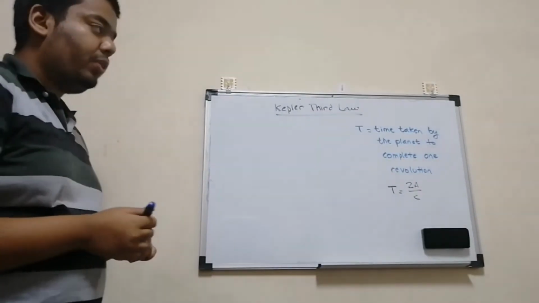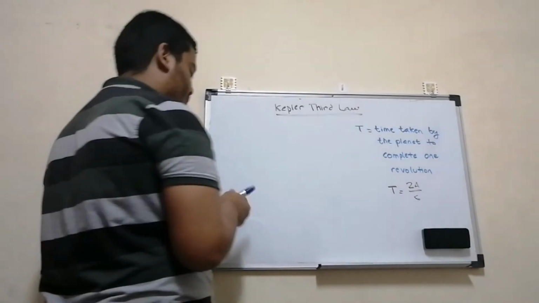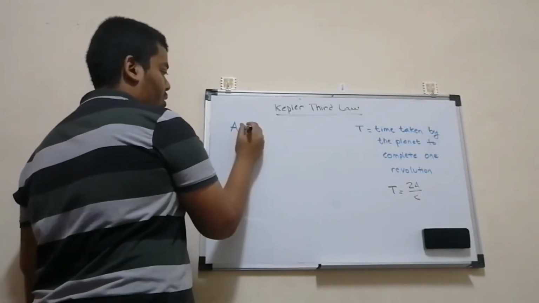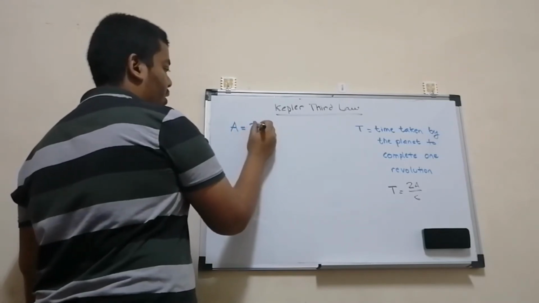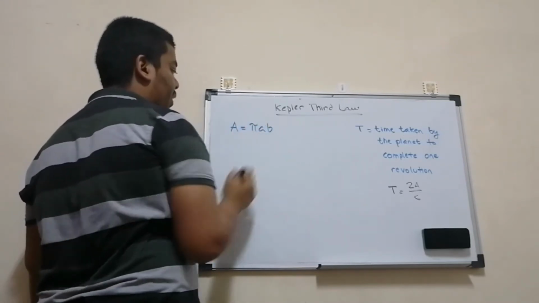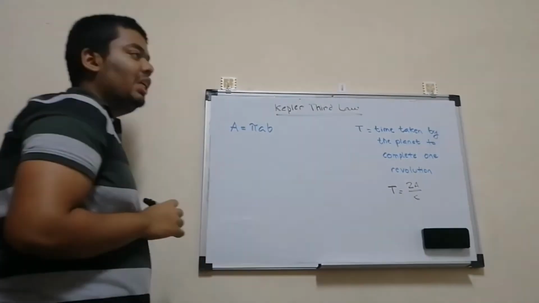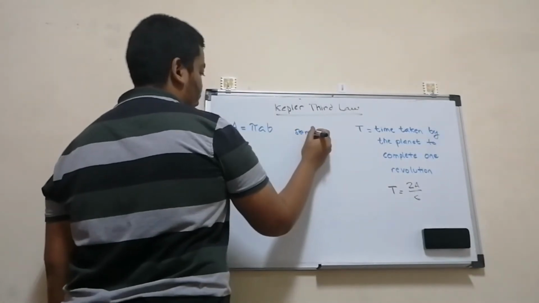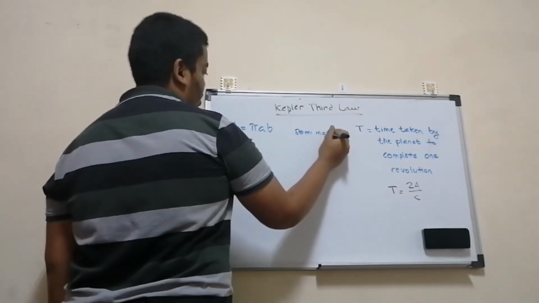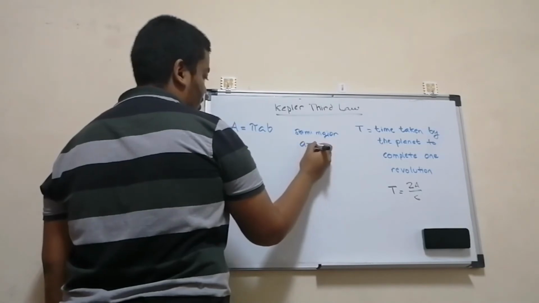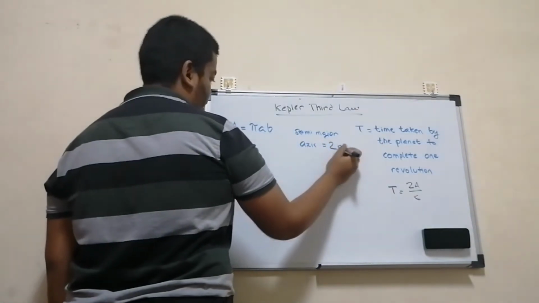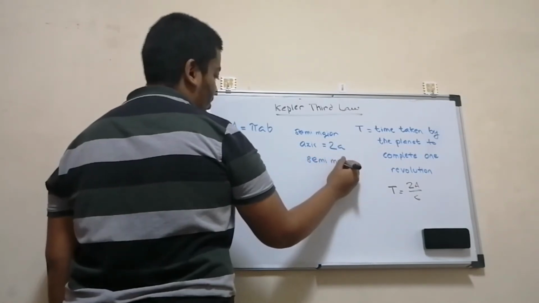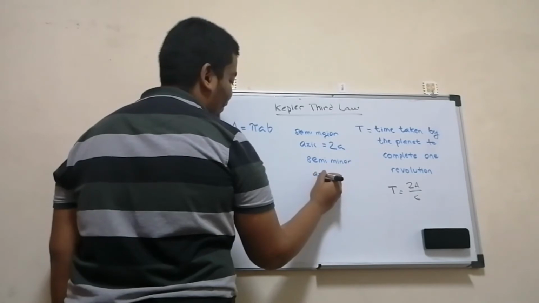We know that the area of an ellipse is given by pi AB, where the length of the semi-major axis is 2a, and the semi-minor axis is 2b.